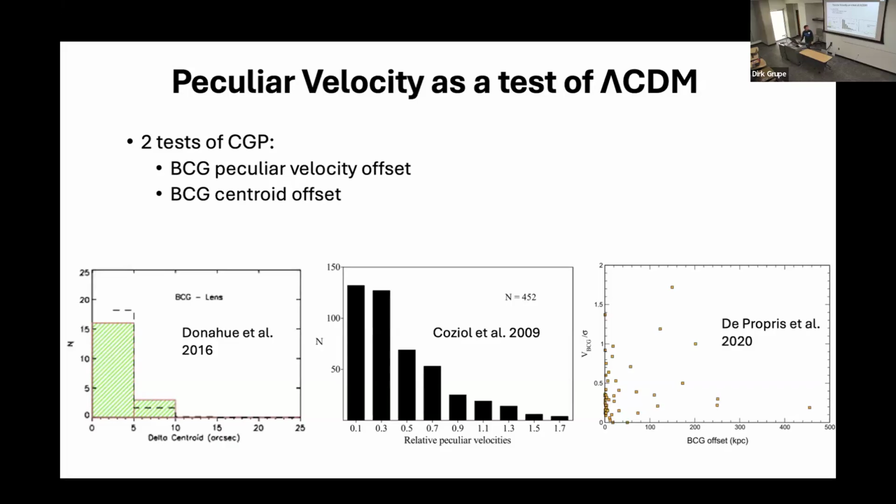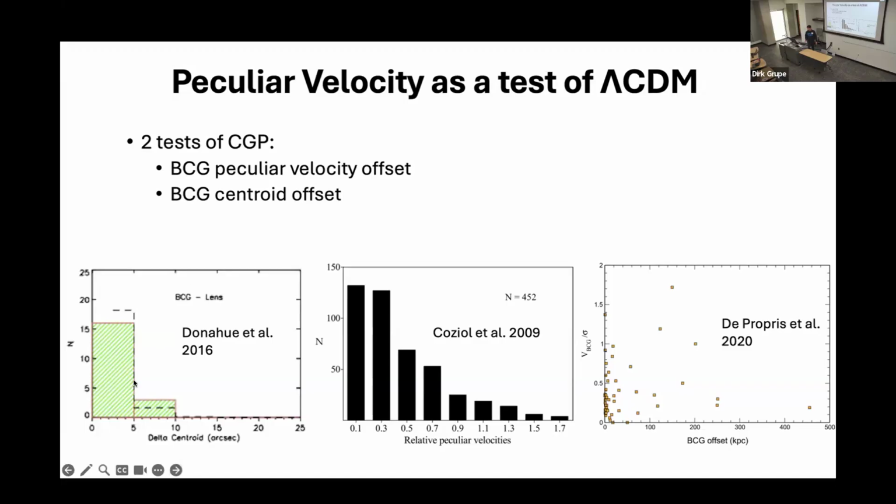And then the other way is to test the offset of the BCG's centroid with respect to some proxy to the centroid of the cluster, whether that be lensing or the X-ray peak or something else. Former studies have done both of these tests before, but a lot of them are either statistics limited or redshift limited.